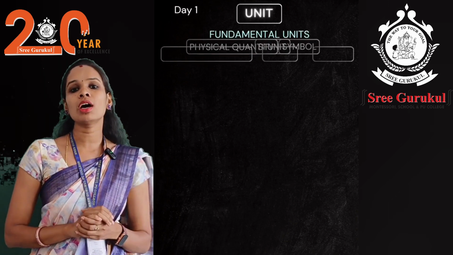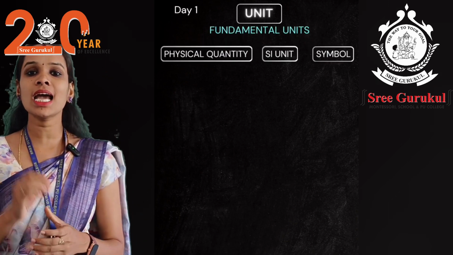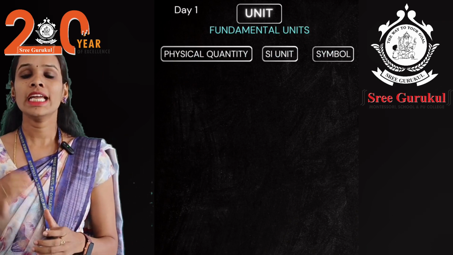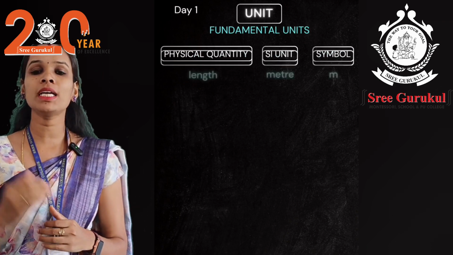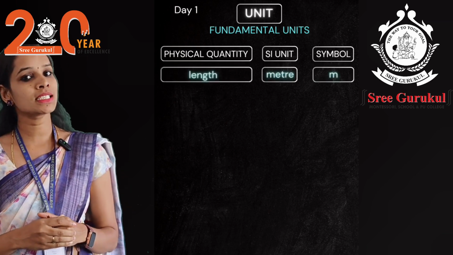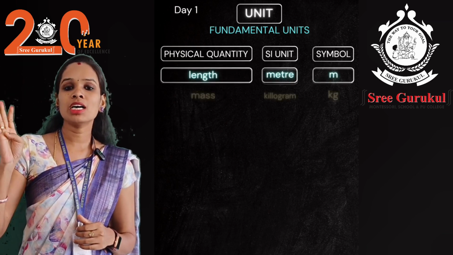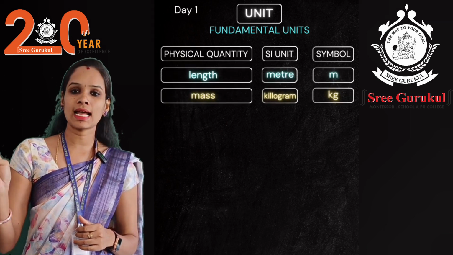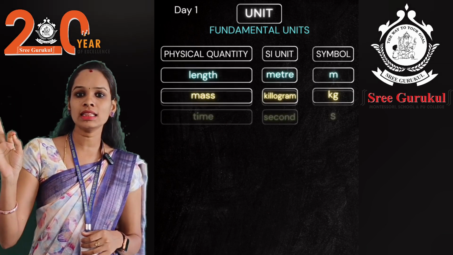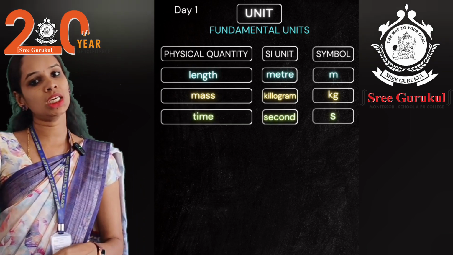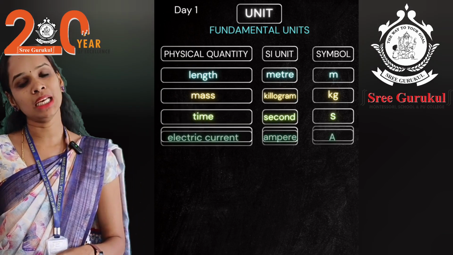The fundamental quantities are independent quantities. Independent means they never depend on other quantities. There are 7 fundamental quantities. The first one is mass, which is measured in kgs, grams. The next one is length, measured in kilometer, meter, centimeter, millimeter.